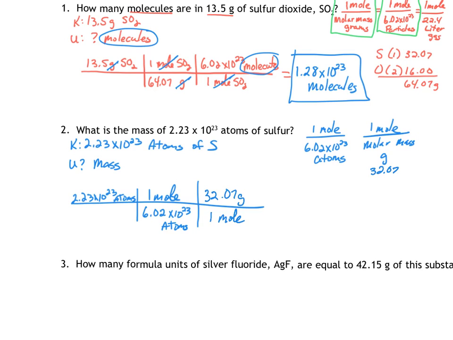Double check myself, make sure my units are canceling off. Atoms, atoms, mole cancels mole. I'm left with grams, and of course gram is the unit of mass. So now I'm ready for my calculator. When you put that in the calculator, the answer you get is 11.88 grams of sulfur.